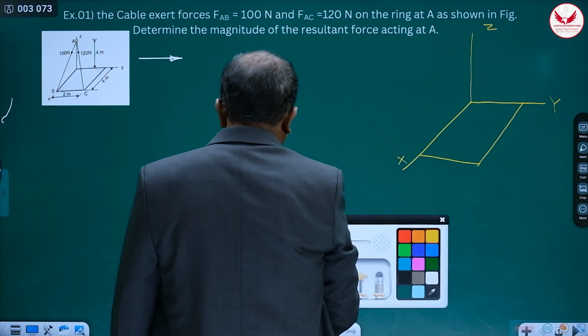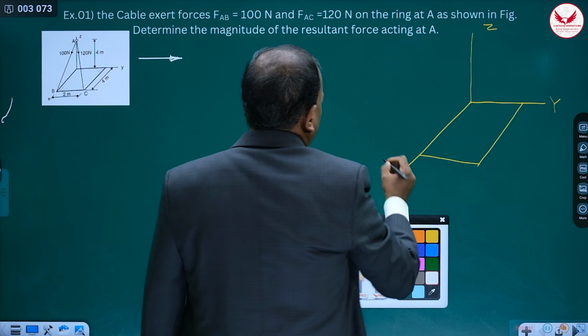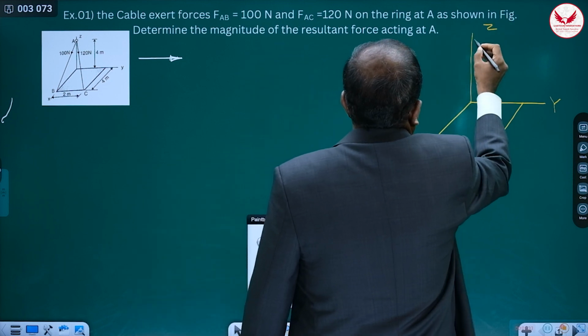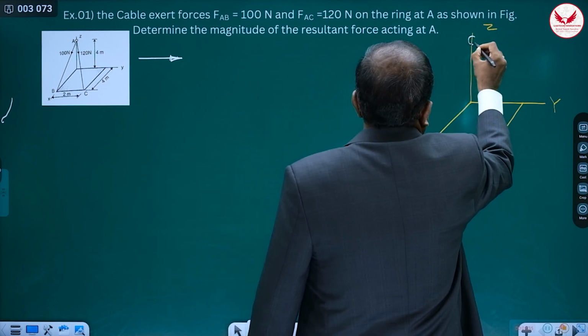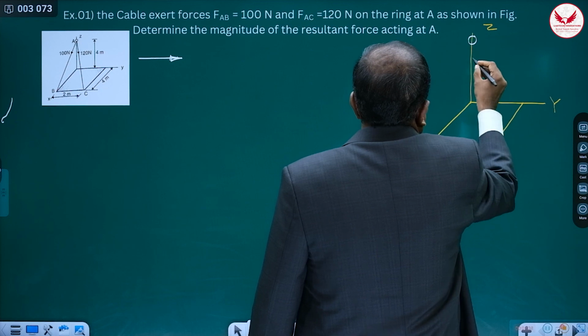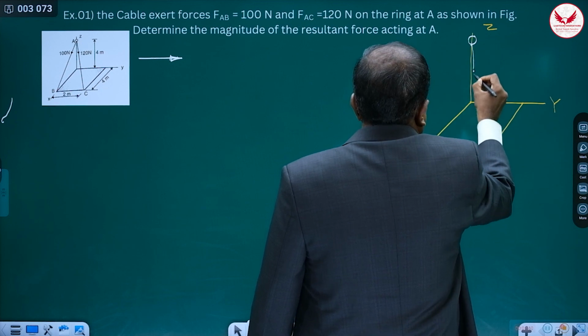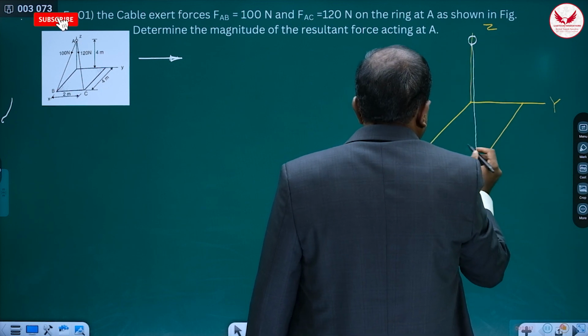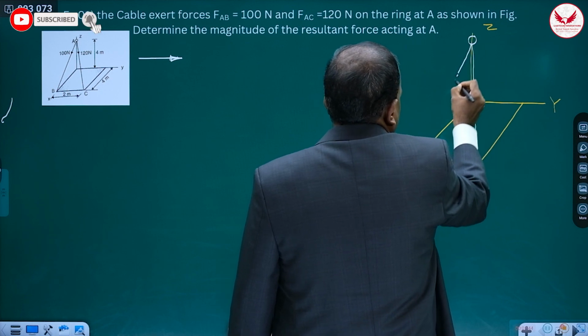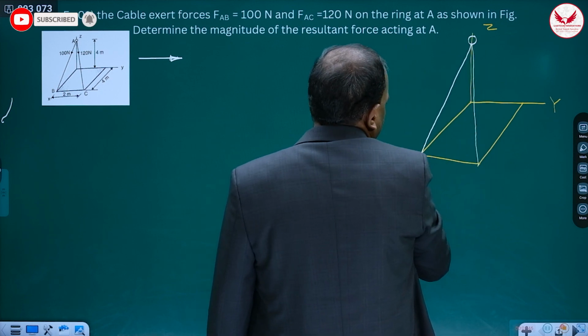Then how is this object? Actually at A there is a ring, and to this ring these two cables are attached. One is like this and the other is in this way. So I am drawing the sketch. It is also required.